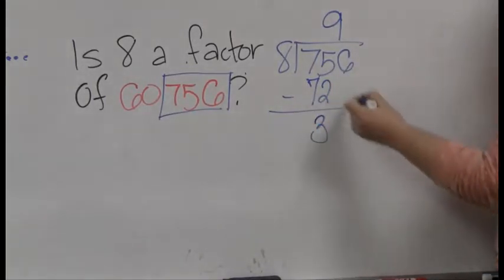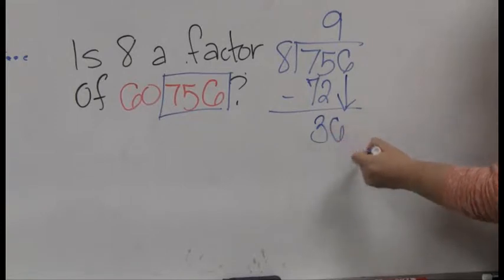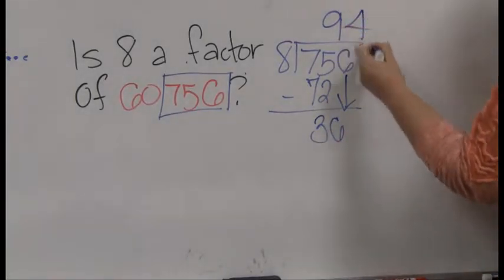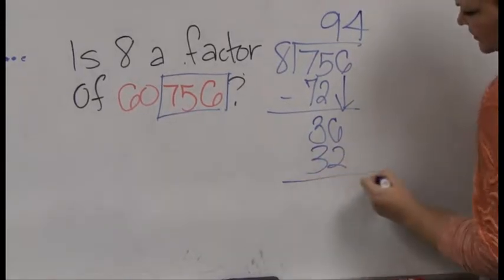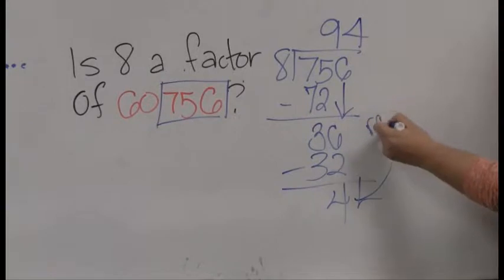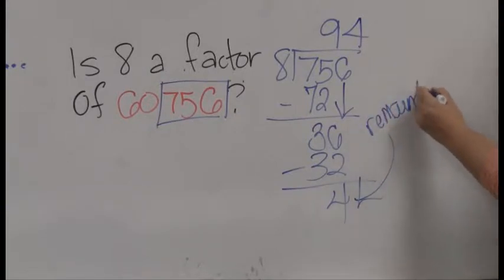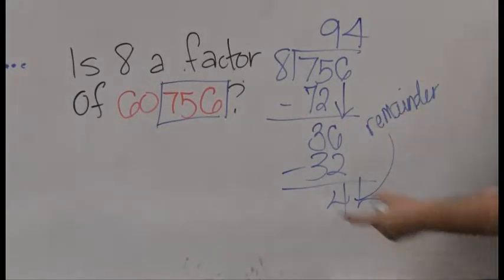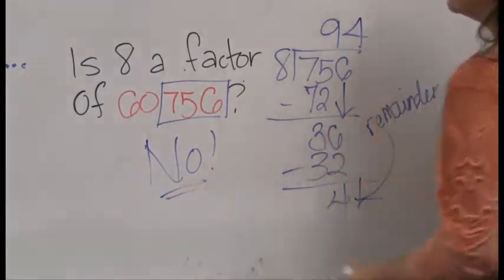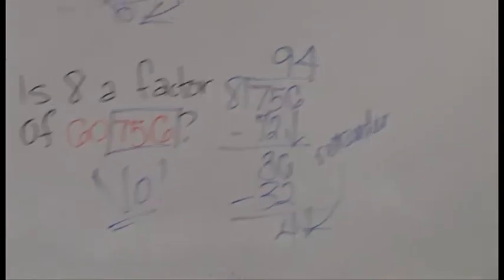Subtract, we've got 3, drop a digit, 6. 8 goes into 36 4 times, but look at that, I've got a remainder. So you know the rule already. A remainder means we do not have divisibility. And so is 8 a factor? Nope, sorry.